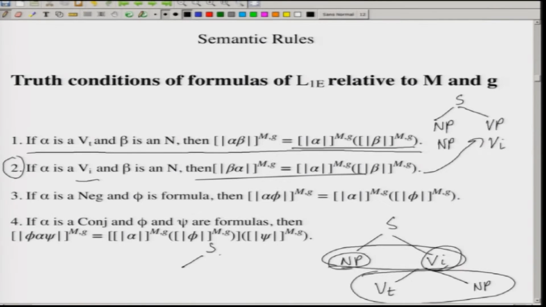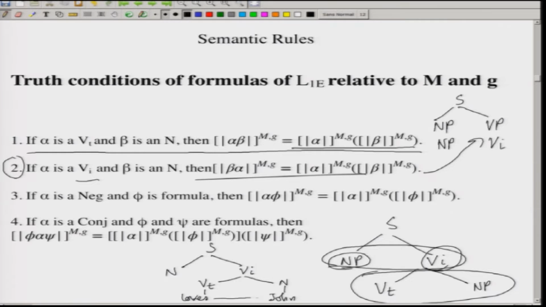So the structure once again: S goes to NP, or in this version of the logic just N. So S goes to N and VI, VI goes to VT and N, and then what is this VT? The terminal node of VT is loves, and the terminal node for N is here, in this case John.